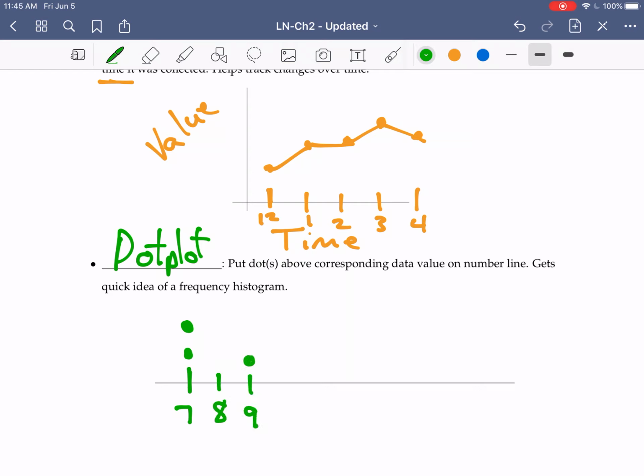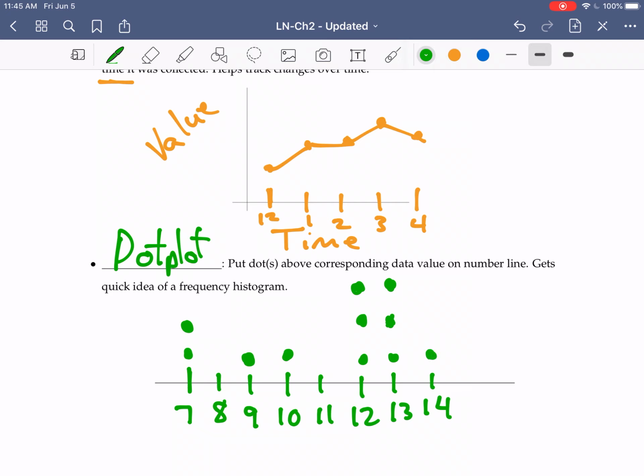Maybe 9 was observed once, we put 1 dot above it. 10, maybe that was observed once. No observation for 11. Maybe 12 was observed not twice, but 3 times. Maybe 13 was observed 3 times. That sounds like bad news. 14 maybe was observed once, right?